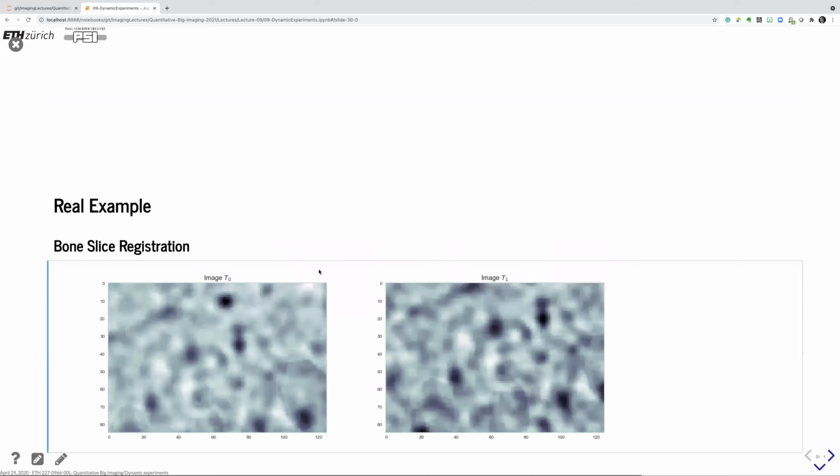Let's see. So here we have a piece of the bone slice, and it has been displaced. You can see this characteristic feature here, which has moved a little bit up and sideways. And this one we now want to correlate with the register. The registration, I actually didn't mention that, is when you have two images and you want to have them in the same coordinate system, because otherwise you can't really do a real tracking.